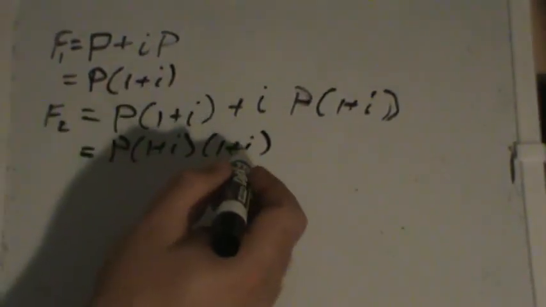This 1 comes from this term, and this I comes from I times the same term, which is just equal to P(1 plus I) squared. If you notice, we can go, wow, 1 year into the future it's 1, 2 years into the future it's 2, therefore we can conjecture that n years into the future, this must be P(1 plus I) to the n. You can obviously repeat this process calculating ad infinitum, and you are indeed correct. That is what you end up getting.